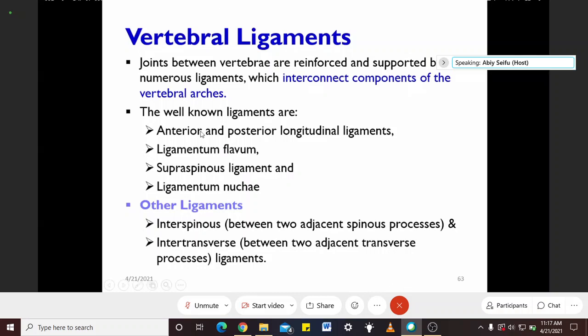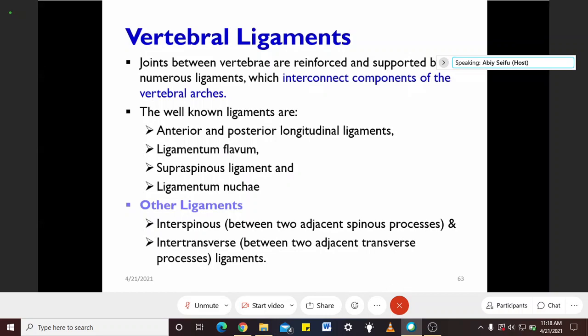The major ones are the anterior and posterior longitudinal ligaments, which run from the sacrum, the coccyx, up to the cranial bones, the occipital bone.